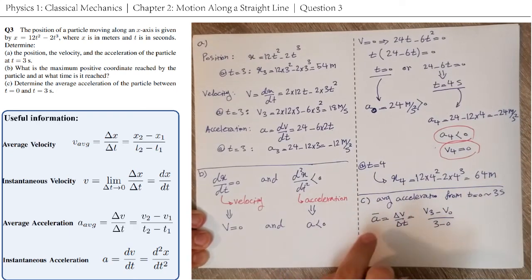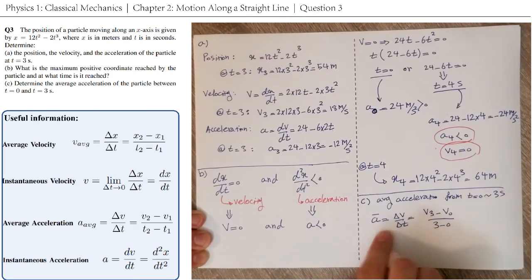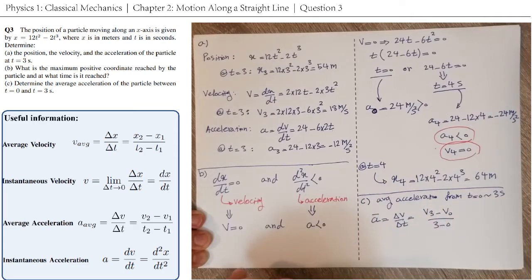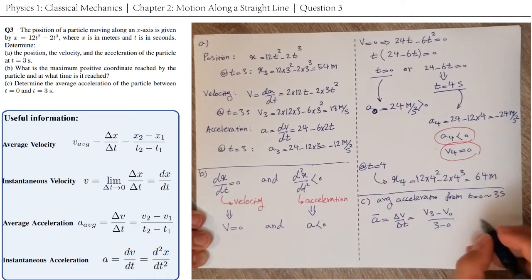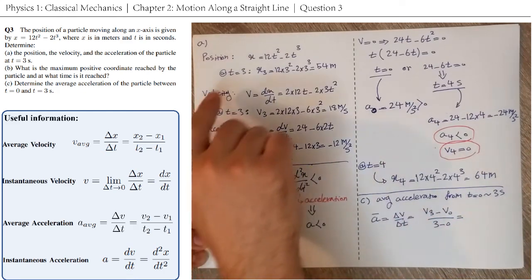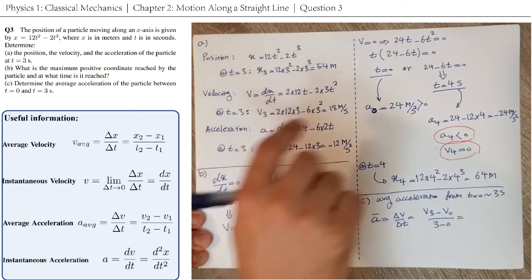So all I have to do to obtain the average acceleration from t equals 0 to t equals 3 is to obtain velocity at t equals 3 and subtract v0 from it. At t equals 3, if I look at here, I've already obtained v3, which is 18.